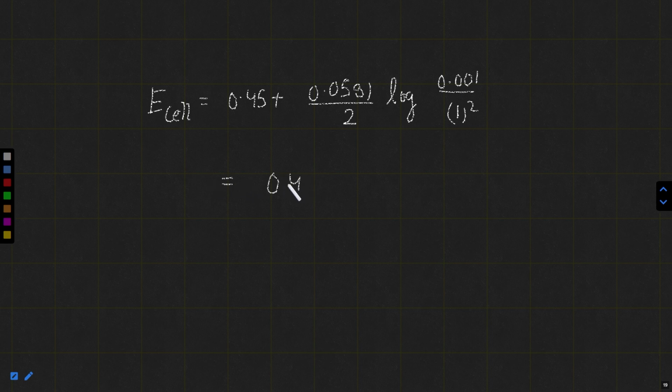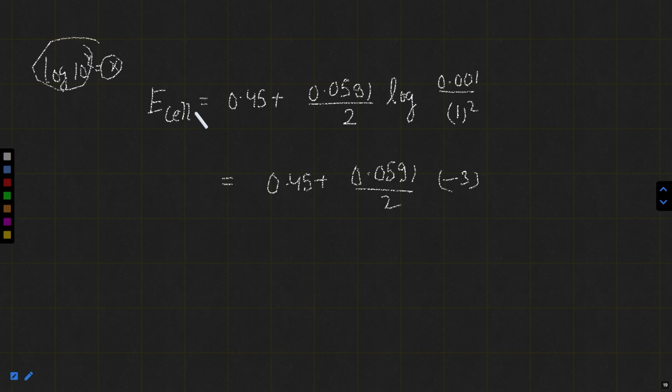Finally, 0.45 plus 0.059 by 2 times log 0.001. It is log 10 to the power minus 3, and it is absolutely minus 3. If you have to find the value of log 10 to the power x, that will be the value of x. Since it is 10 to the power minus 3, the log is minus 3.